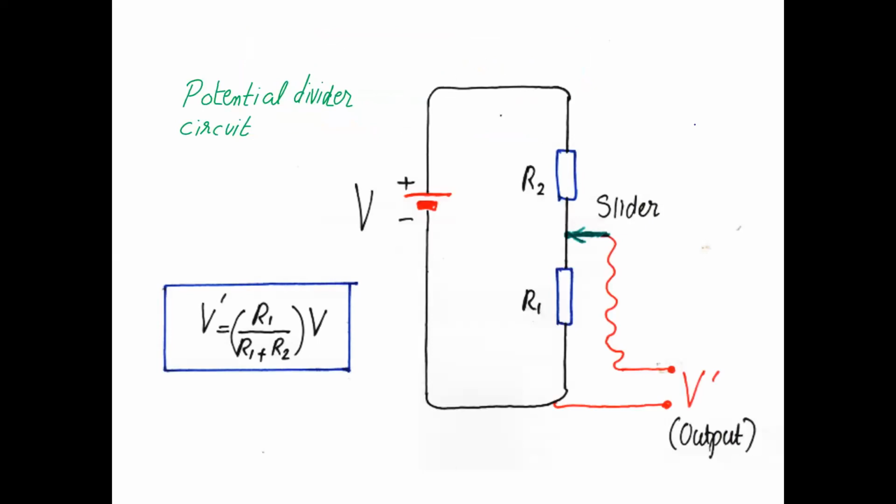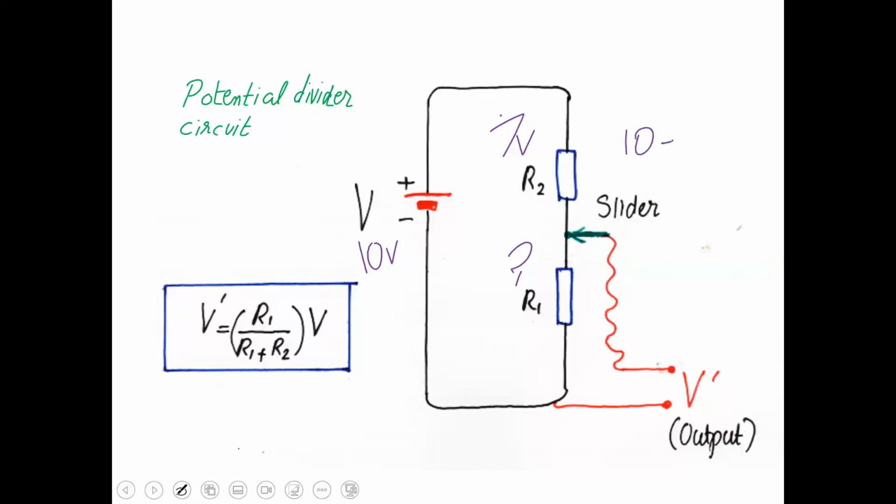Now, potential divider circuit. This is called a potential divider circuit. How this circuit works: these are the two resistors in series. Now, suppose that it is 10 volt. This is suppose 7 volt. Then I put a question mark here. How much will R1 be getting?